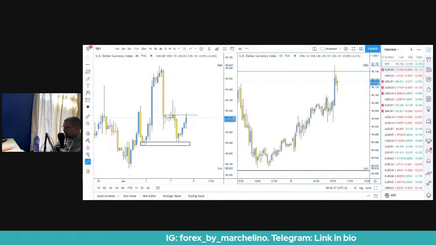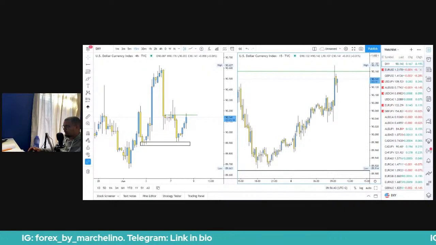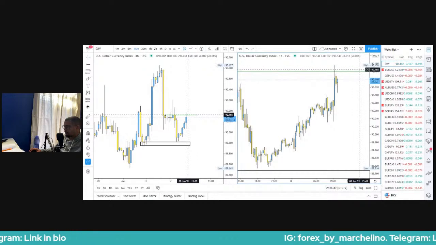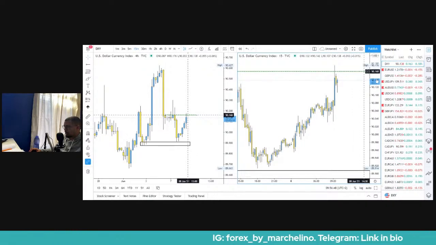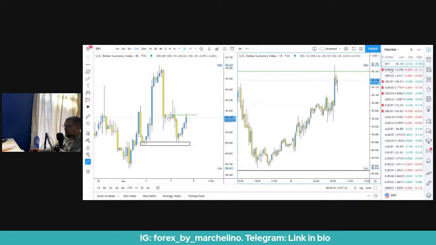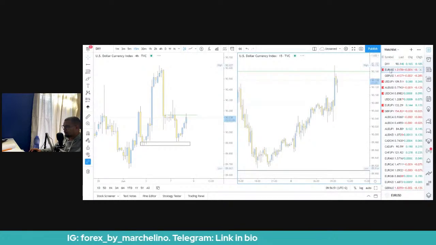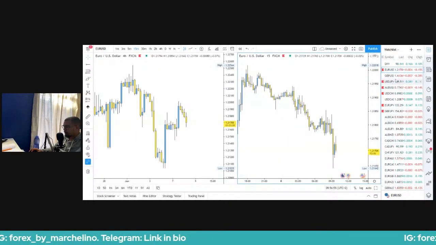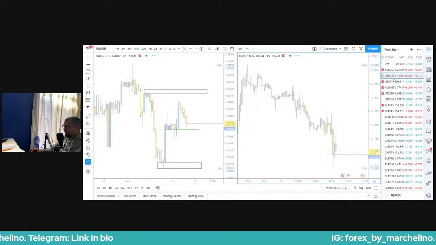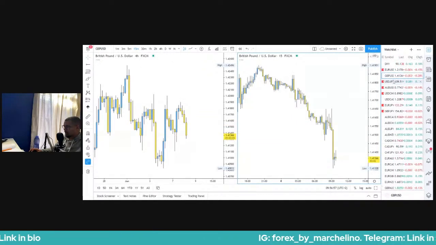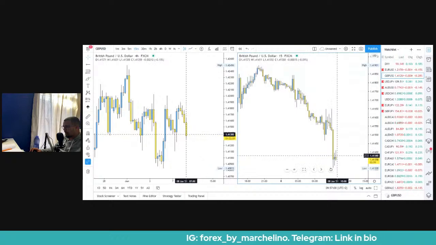So even DXY, USD or any other USD, when USD is at the back, you're looking for sells, and then USD JPY, USD CHF, USD CAD, you should then be looking for buys. Okay, so you can see we're starting to go down again. Here we go. Price is stalling.